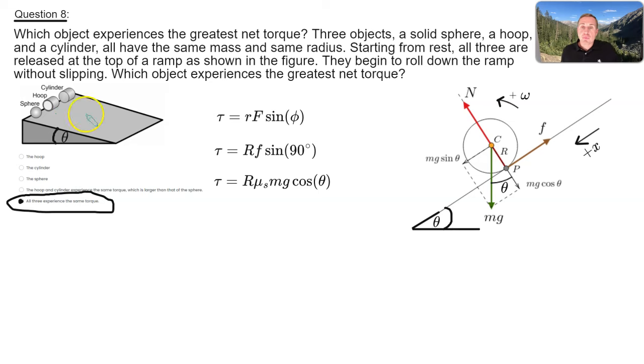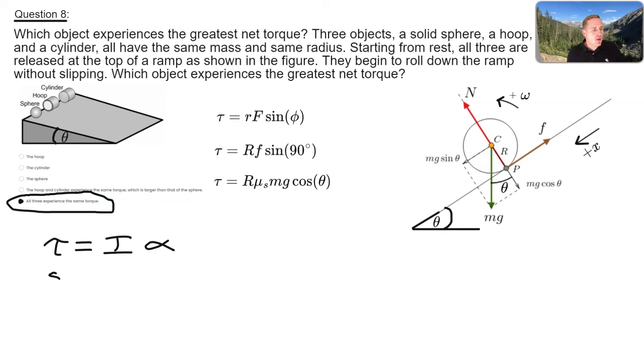And that's true. But even though they have the same torque, they all don't have the same rotational inertia. So hopefully you recall that another way to write torque is rotational inertia times angular acceleration, alpha.